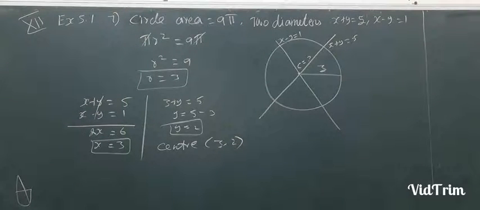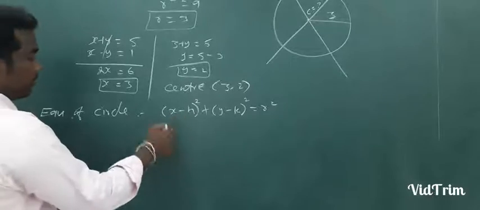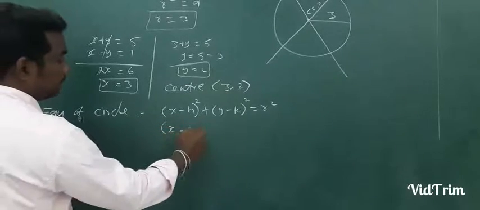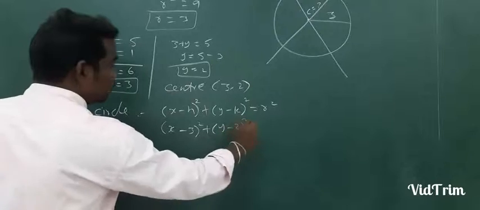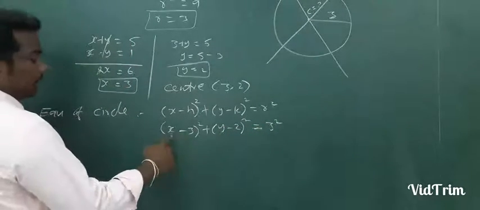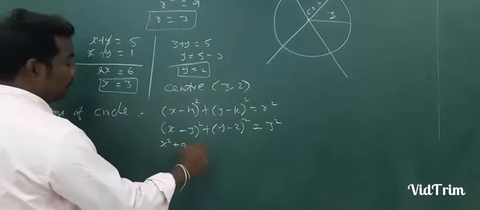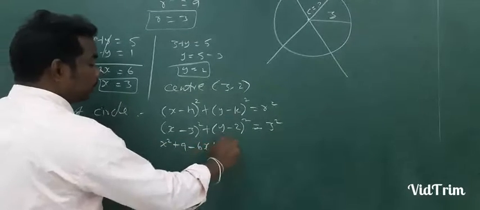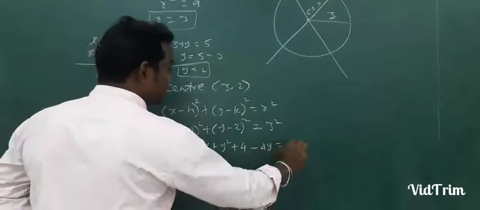If you know the center and radius, we may use the standard form of the equation of the circle and substitute the values. (x - 3)² + (y - 2)² = 3². Expanding (a - b)²: x² + 9 - 6x + y² + 4 - 4y = 9.